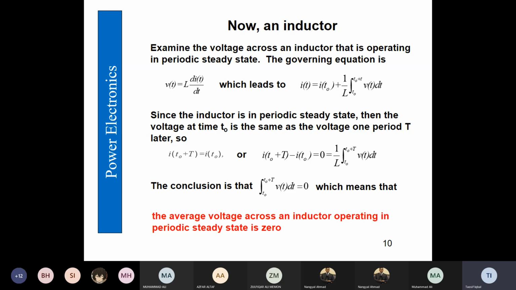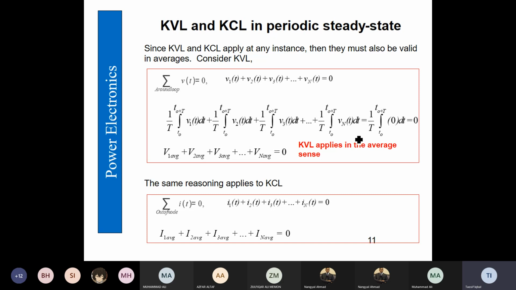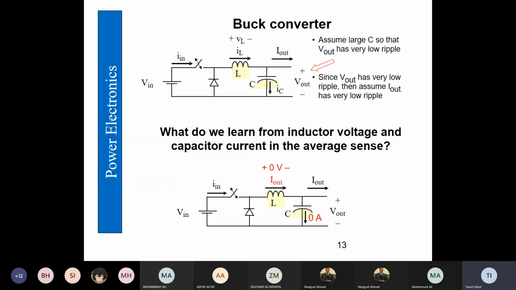If it is working in steady state, we consider the average voltage across the inductor as 0. Similarly, we can apply KCL, KVL, and find everything as we discussed. So here on the slide, we are just summarizing that the average voltage across the inductor is 0, and the average current through the capacitor is also 0.